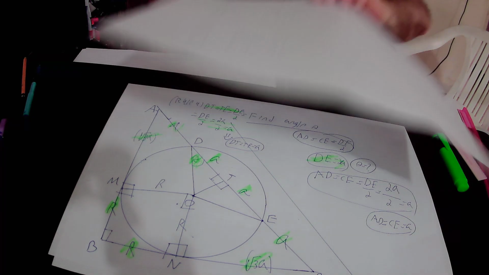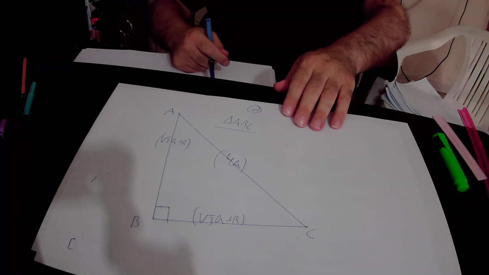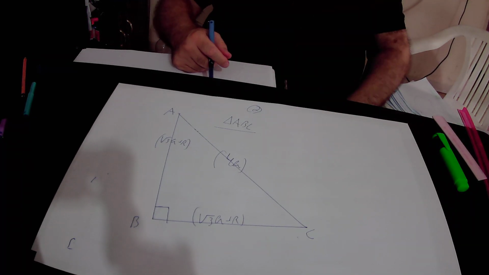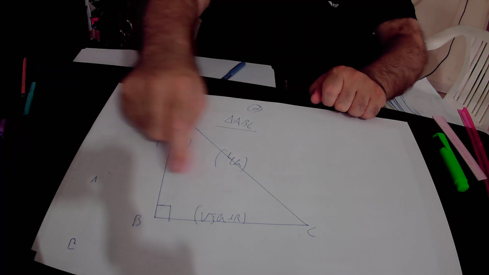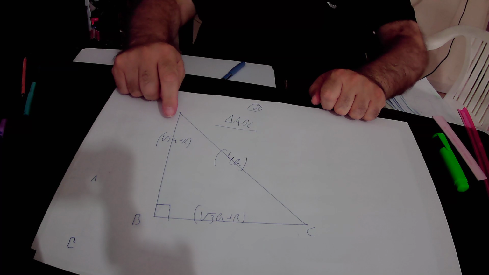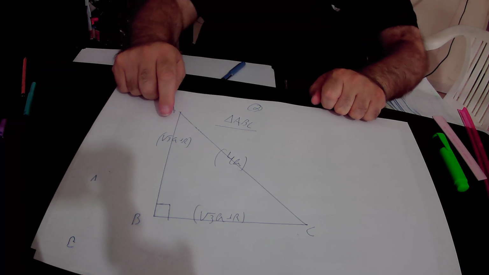So this is the right triangle ABC that I copied from the original drawing. Side AB and side BC are both equal to square root of 3 times A plus R, therefore they are equal to each other.